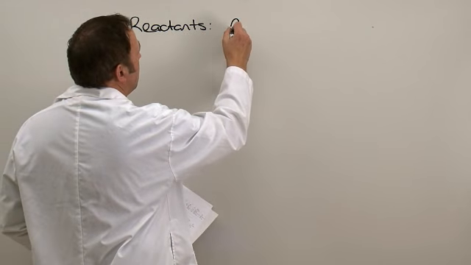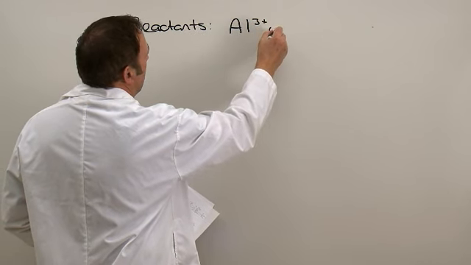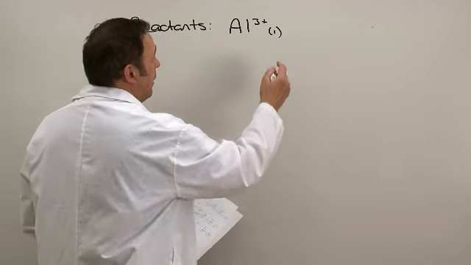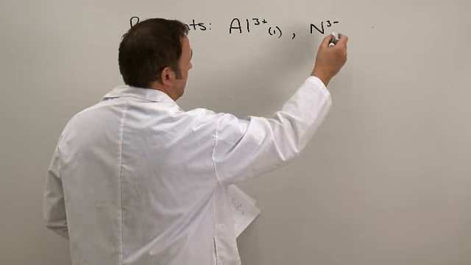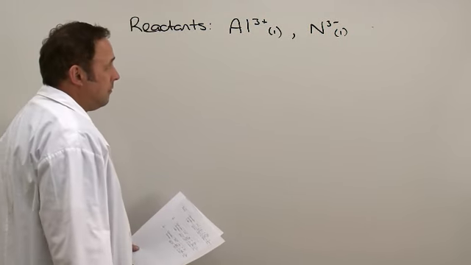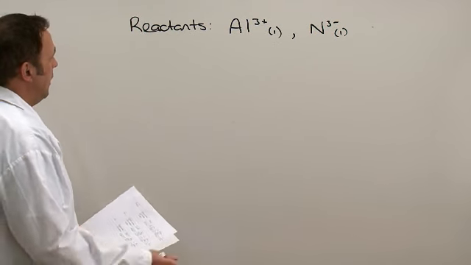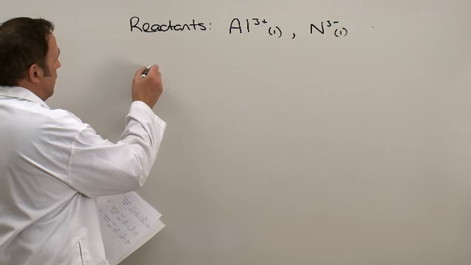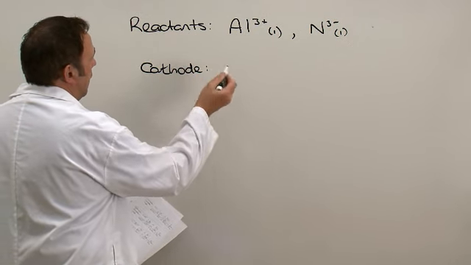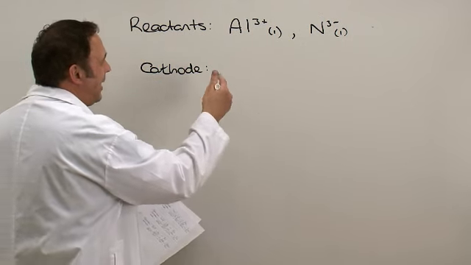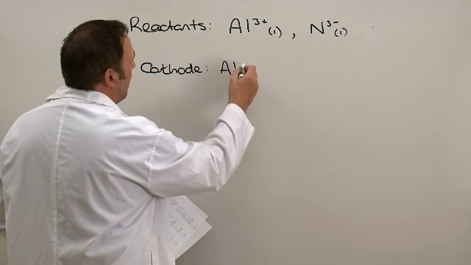So we've got aluminum ions, and these are molten, so they're liquid, and nitrogen ions. At the cathode, I'm going to be seeing electrons added in a reduction half reaction.